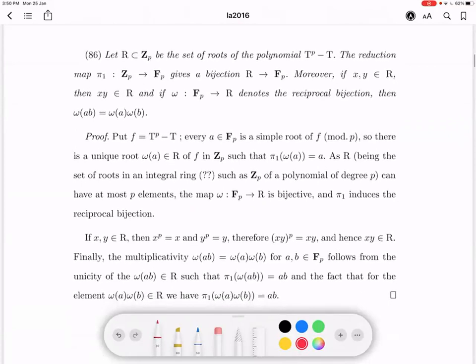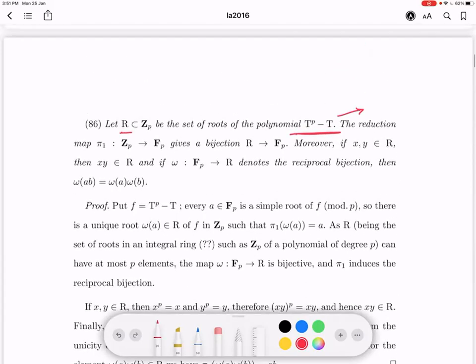Now I'm going to construct this section. So I define R to be the set of roots of this polynomial, T to the p minus T, a polynomial with coefficients in Zp. I hope this polynomial reminds you of something. Why is this chosen?